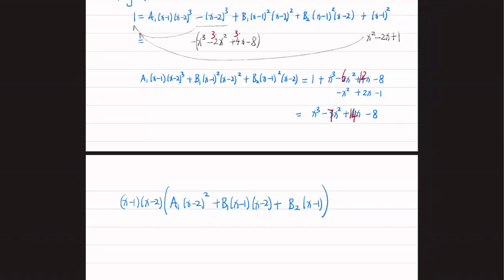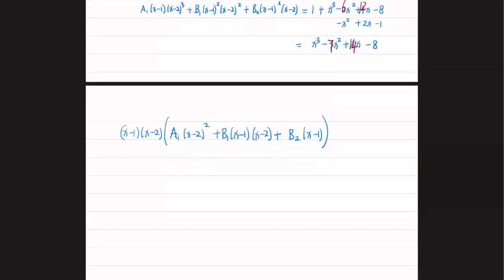Then this side should also have this factor. So we will use long division to factorize this polynomial. X cubed minus 7x squared plus 14x minus 8, divided by x minus 1 squared.